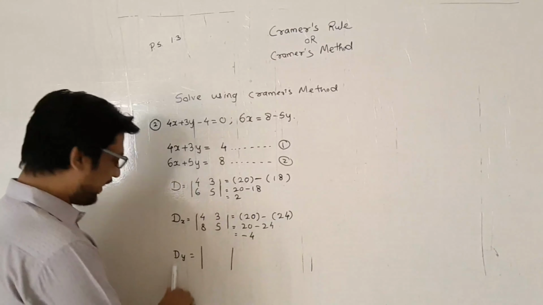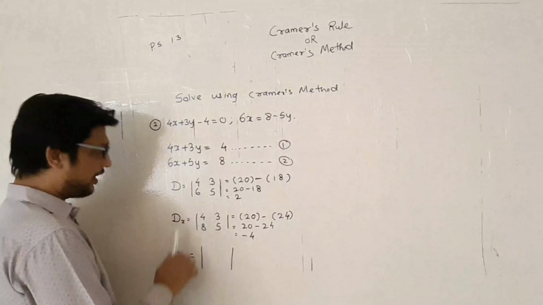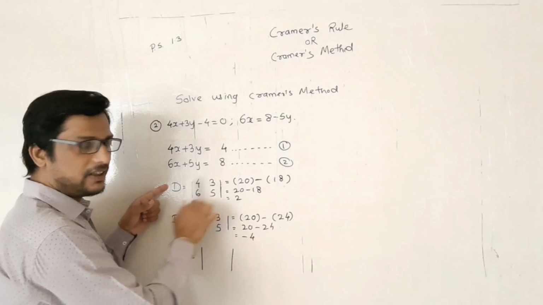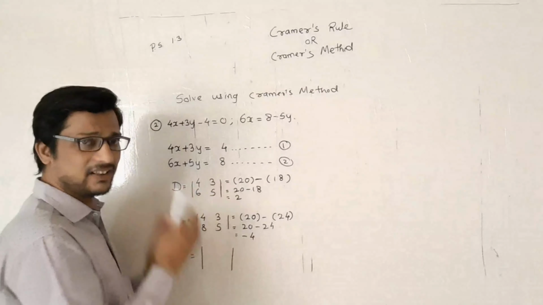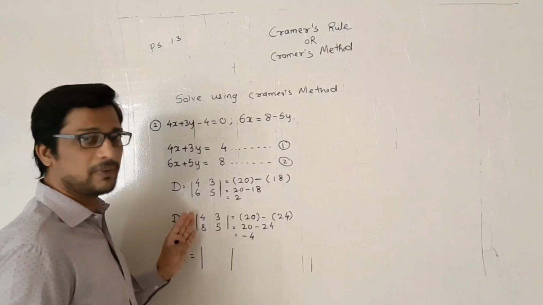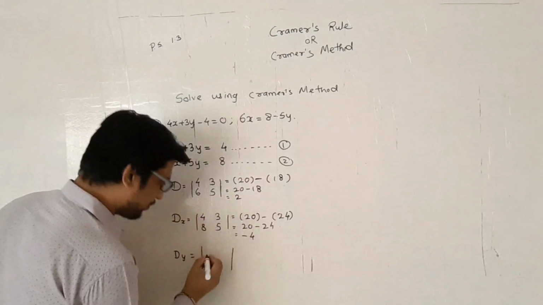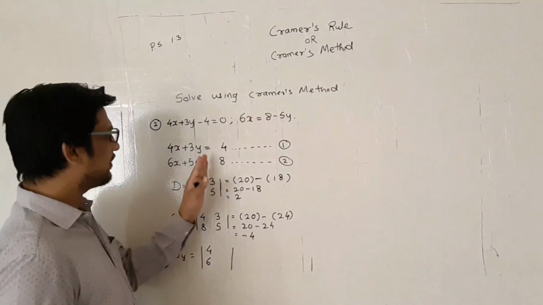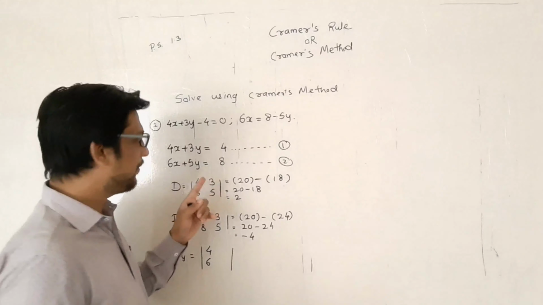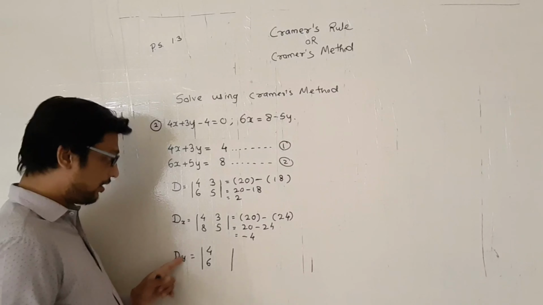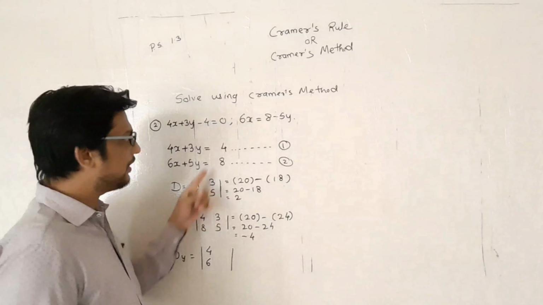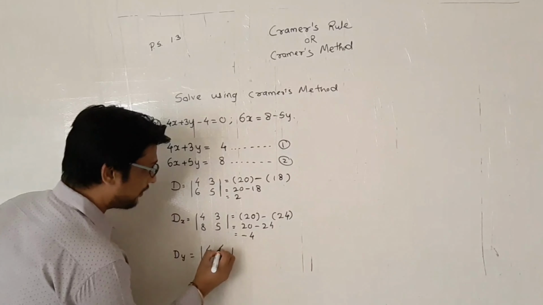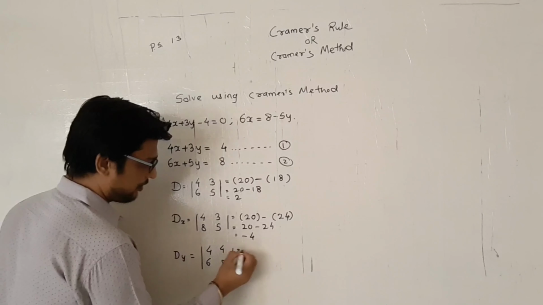Ready? Now again Dy. How to find Dy? With the help of D, I will write the first column as it is, because this first column is nothing but the coefficients of x. So 4 and 6 I have written as it is. Now the second column is what? Coefficients of y. So I need to replace this column with these two numbers, 4, 8.